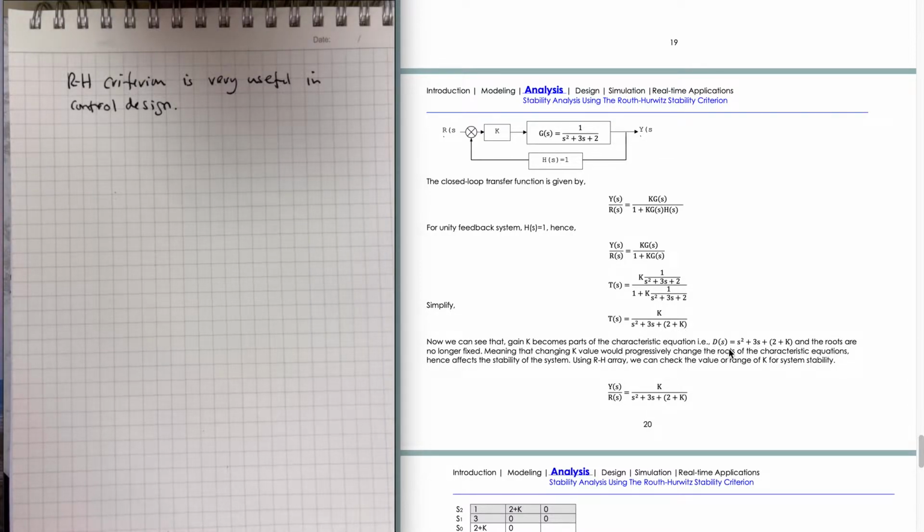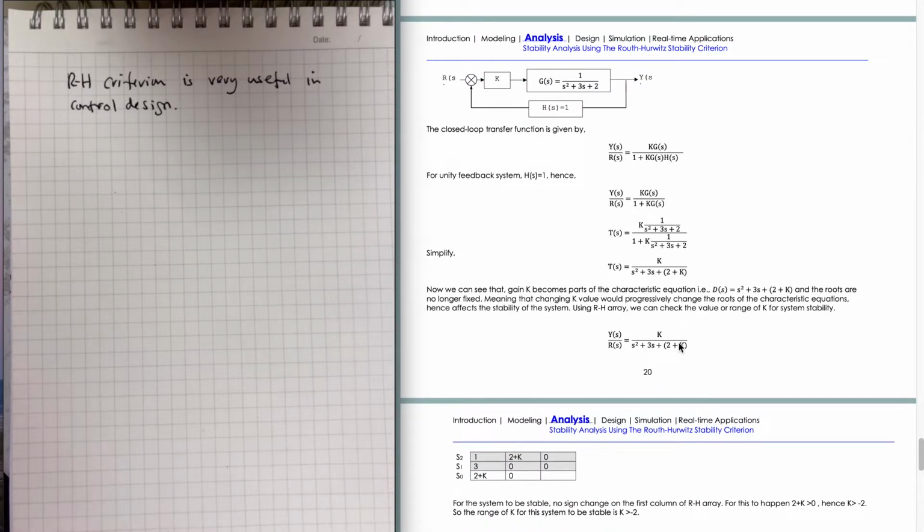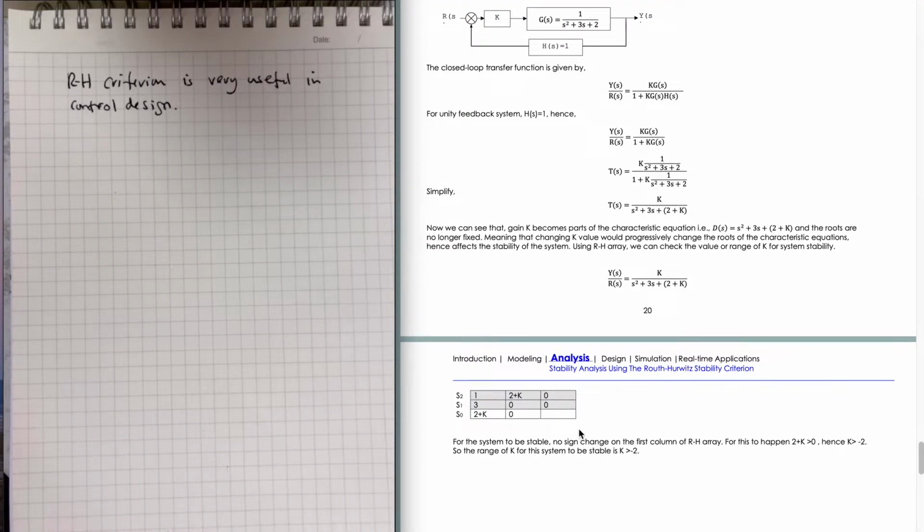Okay, now this is our characteristic equation, or denominator of the system. We need to verify what the K values are here to keep the system stable, right? We know that for certain values of K, the system will be unstable. So right now, we use the same way to fill up the RH table. Like this, we have 1, 3, 2 plus K, 0 here.